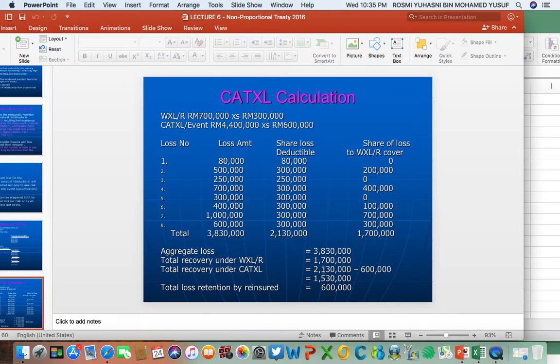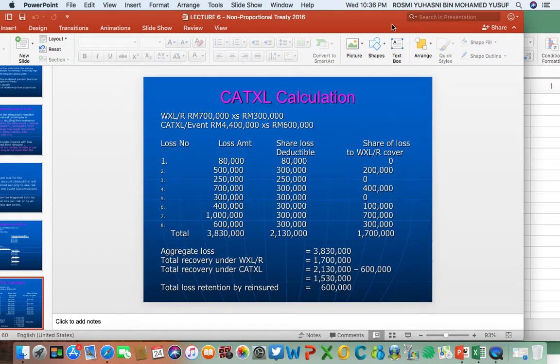That is why 2130 as the total loss retained by the insurer minus the deductible under catastrophic and recovery by the insurer is 1530. So catastrophic reinsurer will pay 1530.